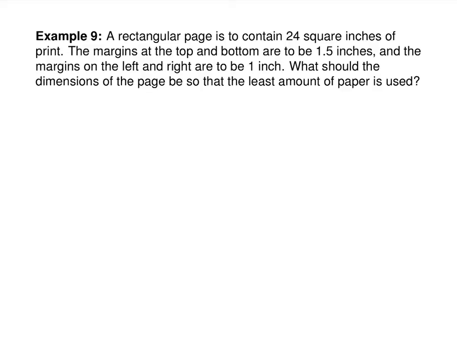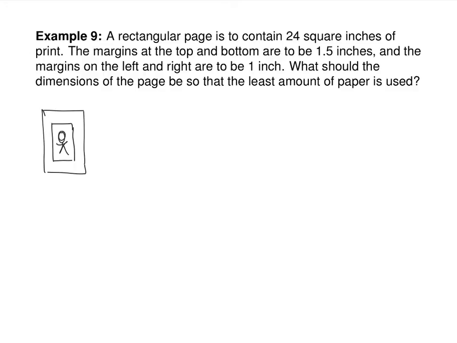Okay, sounds good. All right, so the next ones are actually easier, because apparently I just did a bad job putting this together. You have a piece of paper and you want to contain 24 square inches of print, like you're making a poster for your movie.